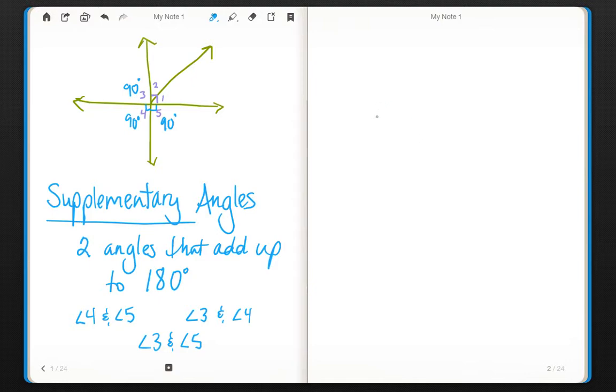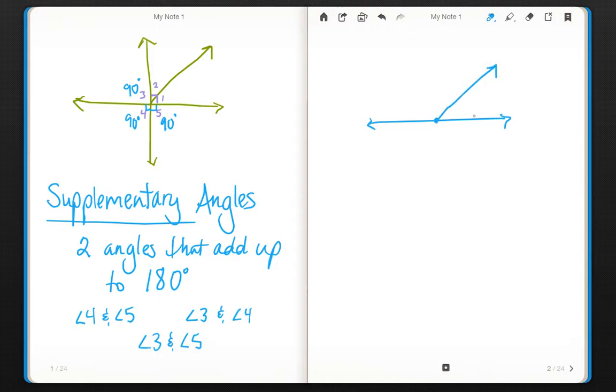All right, so let's say another way, let me draw a line here. That's actually a straight angle. If I make a line coming off of there. Well, all straight angles, it's a half circle. And we know that a full circle is 360 degrees. So a half circle, half of 360, is 180. So therefore, we know that this angle plus this angle have to make 180 degrees because it's a straight angle.